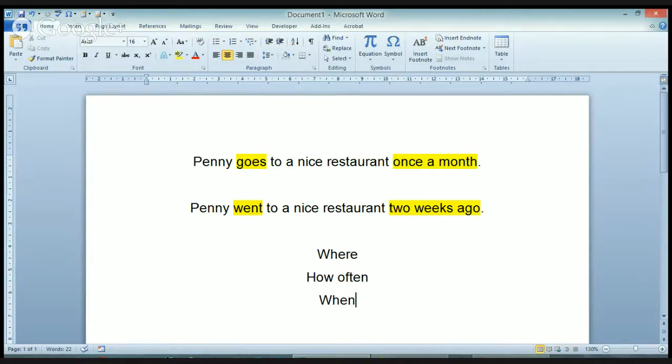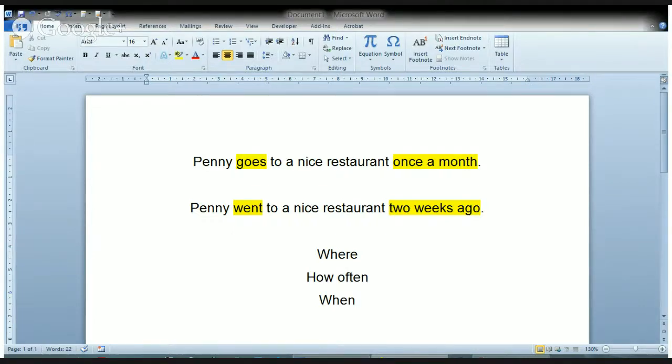When did Penny go to a nice restaurant? 2 weeks ago is the short answer. And we usually will use a short answer, not say Penny went to a nice restaurant 2 weeks ago. Just 2 weeks ago is enough. You know, we're asking for information, and it's enough to give this short answer.